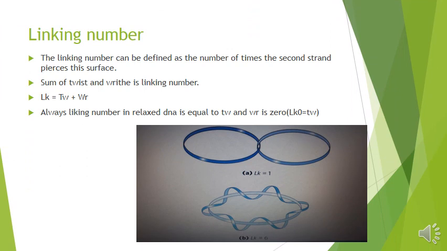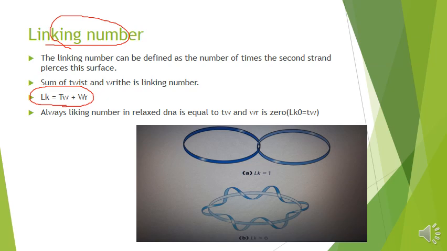The linking number is also important, because you should know that this concept is related to replication and also recombination, right? The linking number means the sum of twist and writhe. This will produce a linking number.